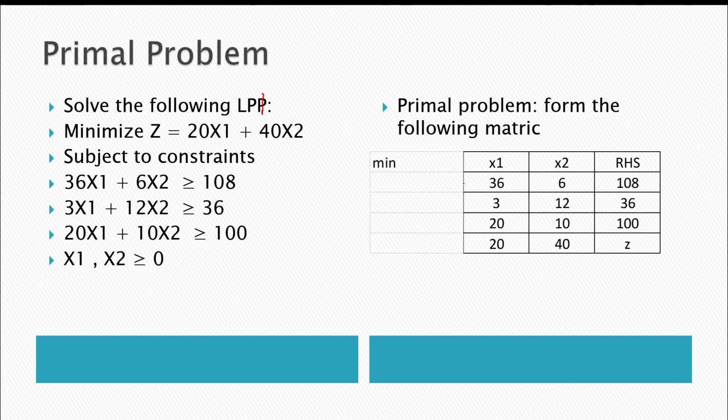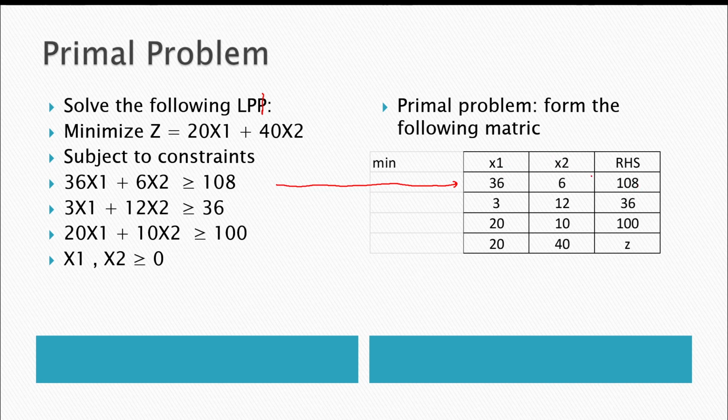And then from the primal problem, we form a matrix. This is a minimizer. Your first constraint, you put into the first row the coefficients, for x1 and x2. So 36x1 plus 6x2, right hand side is 108.